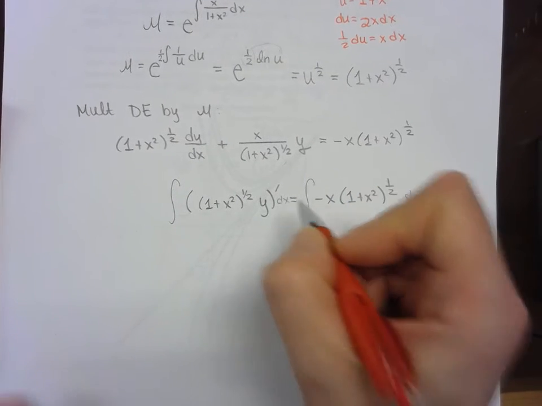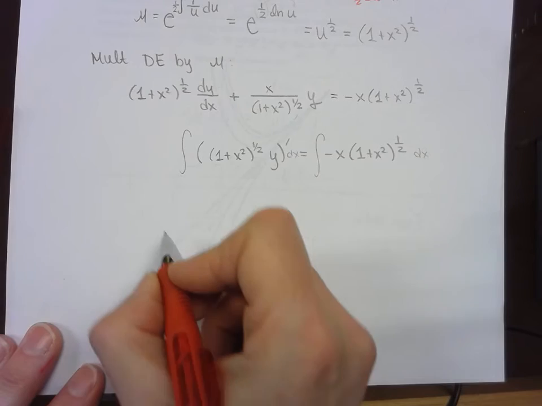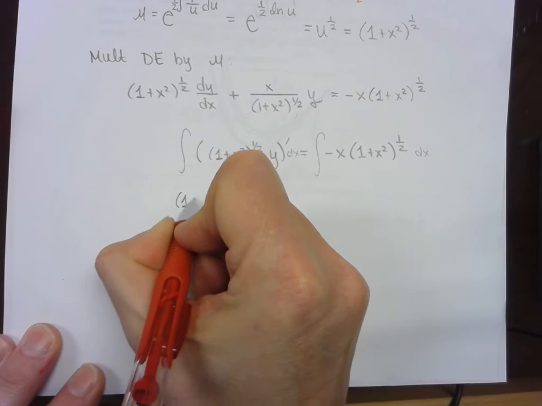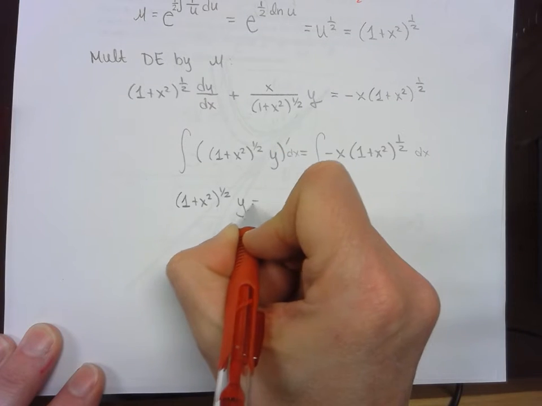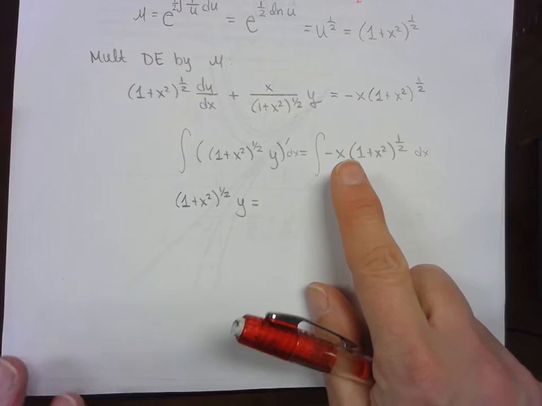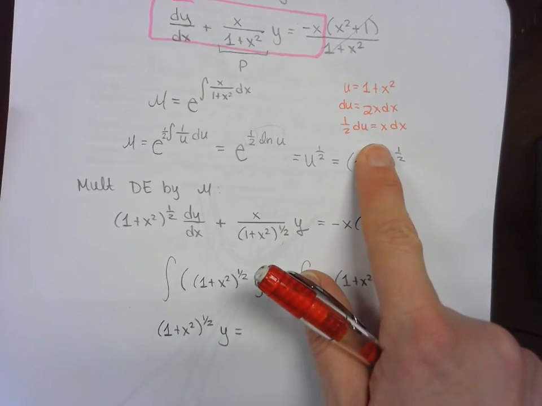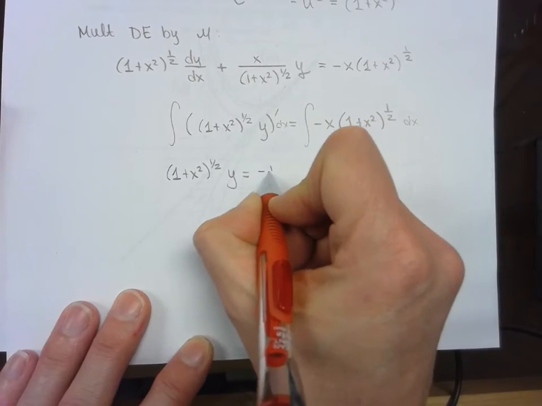So the left-hand side, antiderivative of a derivative, those two things kind of cancel each other out. And we get 1 plus x squared to the 1/2 y equals the antiderivative of the right-hand side, and we would do a u substitution just like we did above. So the x dx gets replaced by 1/2 du. I'm going to bring the negative out in front.